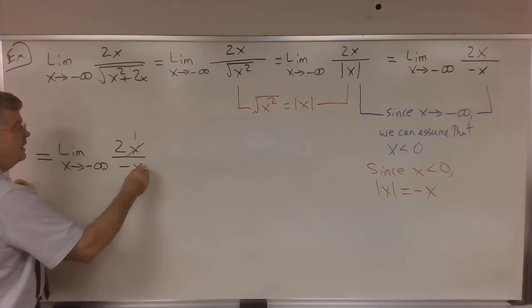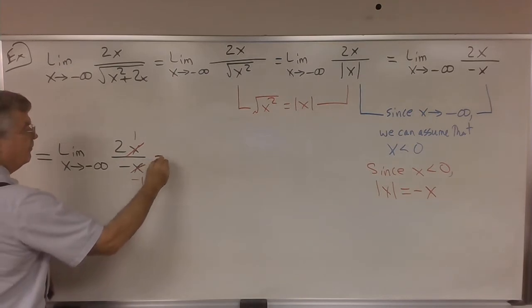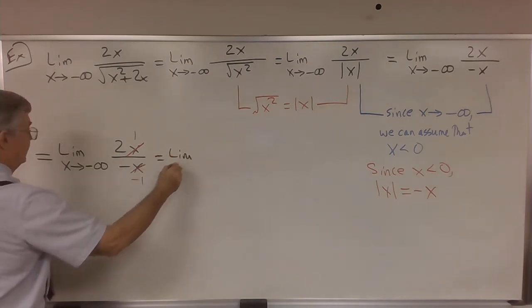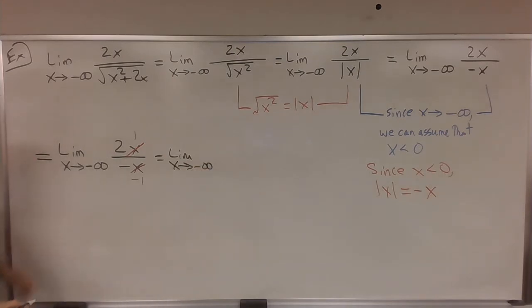So that gives me 1 here, negative 1 there. So I have 2 divided by negative 1. That's negative 2.